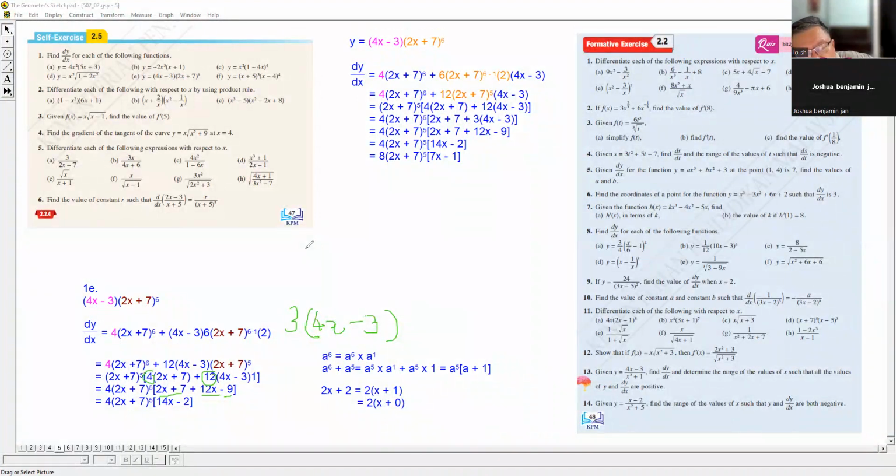If you say, I don't want to take out, then you just leave it like this. You will still get marks for the differentiation because your differentiation is correct. Then you don't get the marks for the simplification because you don't know how to simplify. So you still get some marks, but not the full marks.